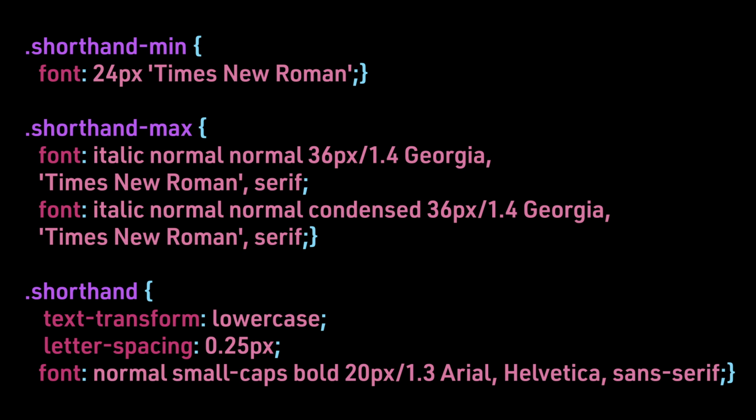The reason we put the statement twice is because if the browser is older and doesn't recognize font stretch, it may ignore the entire statement. So what we do is a fallback where we present the statement without the font stretch property and with the font stretch property.